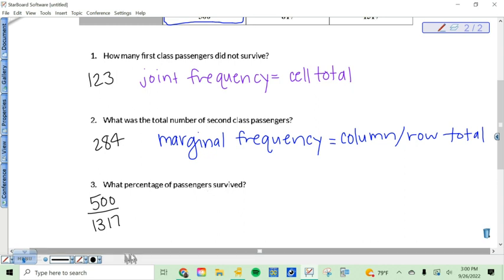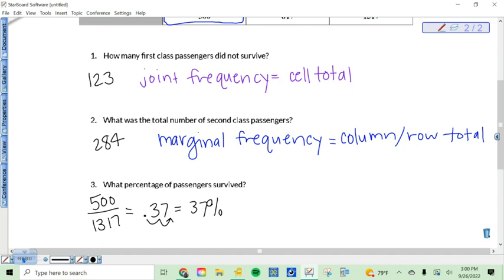So that's the total number of survivors, right? So let's convert this into a decimal first. What do we get? 0.37. Yes, that's good enough. As a percent, that is 37, right?